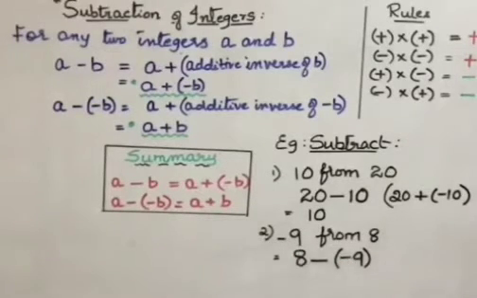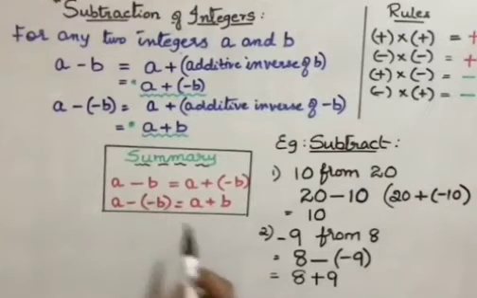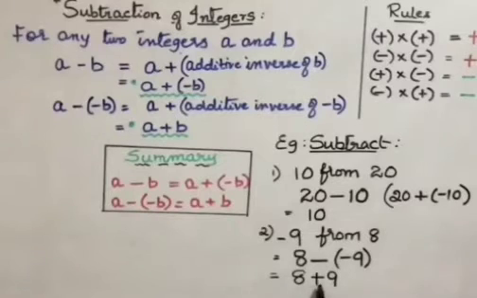Please do not write positive 9 here. This is subtraction. From 8 we are subtracting a negative integer. So the second rule says it is 8 plus additive inverse of negative 9, that is positive 9. I repeat, 8 minus of minus 9 is 8 plus additive inverse of negative 9, that is positive 9. 8 plus 9, that is 17.